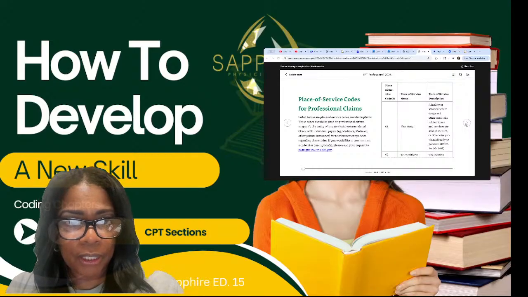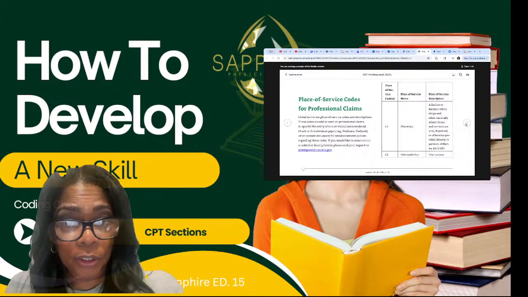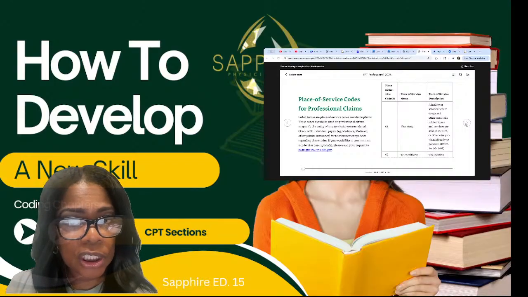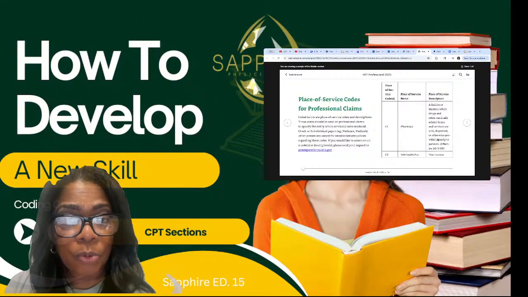So here I am on place of service codes for professional claims. What's place of service codes, Miss Lambert? Place of service codes are what we put on the 1500 or the UB-04 as to where the patient was. Where was the service done? The 02 telehealth, the location.